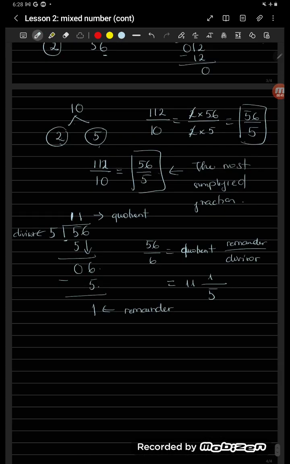Let's come back to the general form of a mixed number. We have k, a over b, where k is the whole number part and a over b is the fraction part.